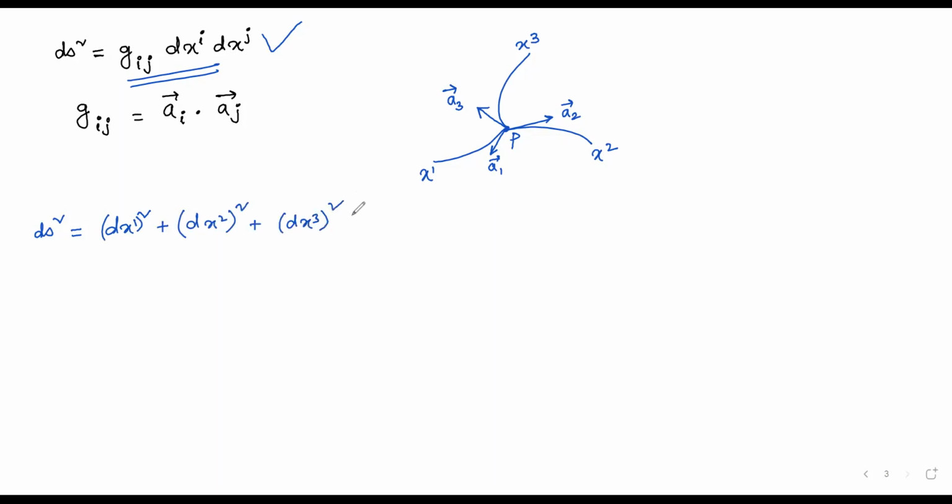This is actually in our Cartesian coordinates dx square plus dy square plus dz square, ds square. So this is what we learned in Euclidean space in 3 dimensions.